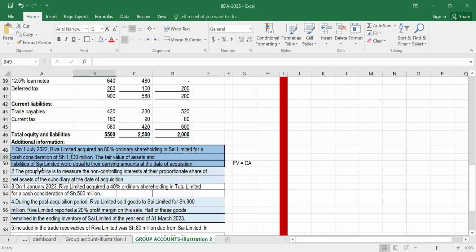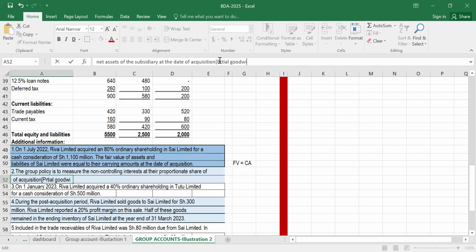Number two, we are told it is the group policy to measure non-controlling interest at the proportionate share of the net assets at the date of acquisition. Now, if you come across this particular information, this information is basically to guide you on the method you are going to use in computing goodwill. And actually, this is something we discussed, whereby we said that if you're given this information, that is the policy of the group to measure NCI at the proportionate share of the net asset, then in such a case, you compute the goodwill using something called the partial goodwill method.